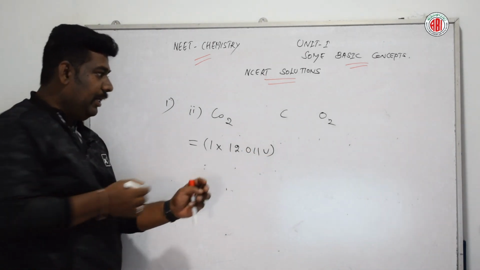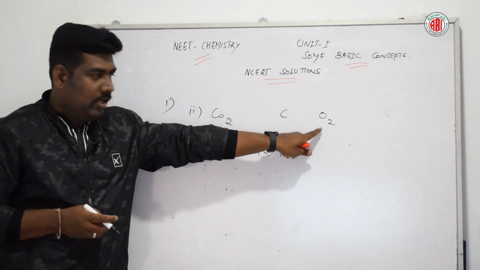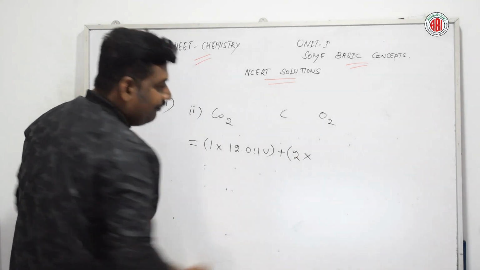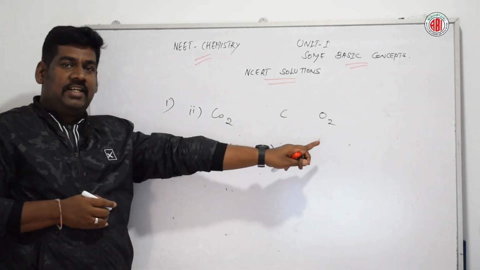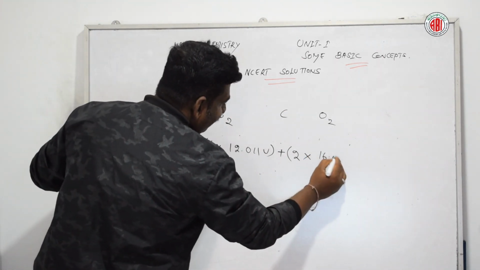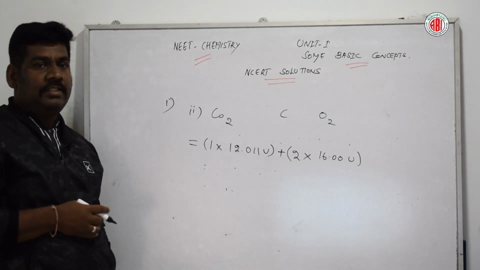Similarly, the number of oxygen atoms present in this compound is 2. So 2 into the atomic mass of oxygen. The atomic mass of oxygen is 16 atomic mass units.